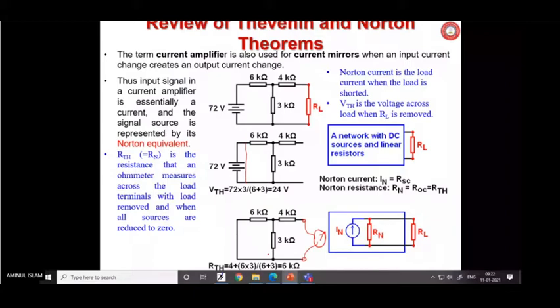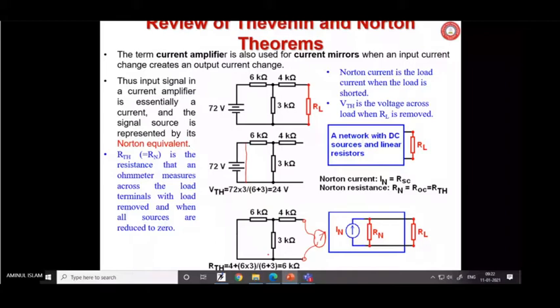That is the way to find out. I think you are recollecting. VTH and RTH are understood from this diagram. So it is so easy.